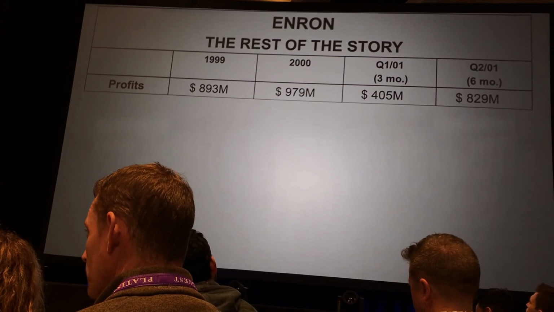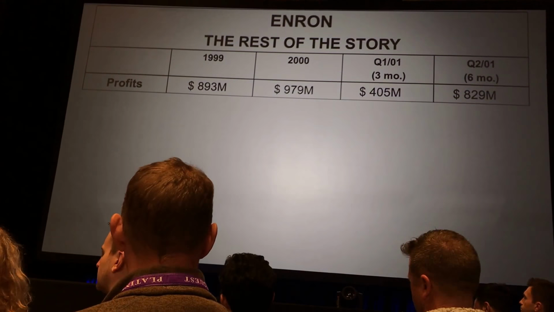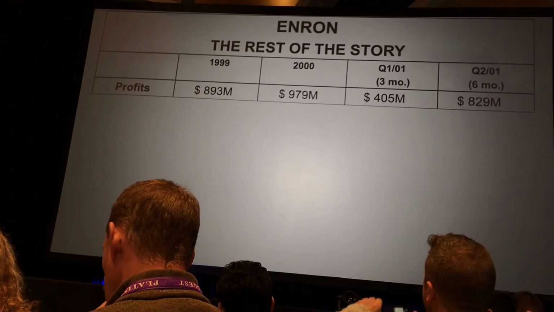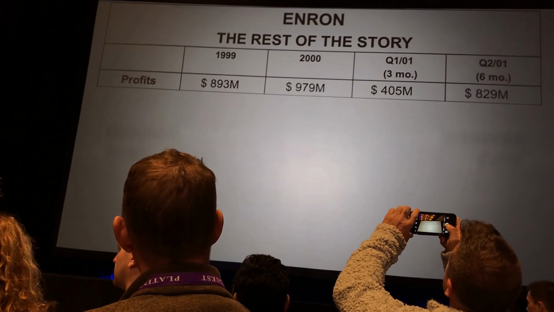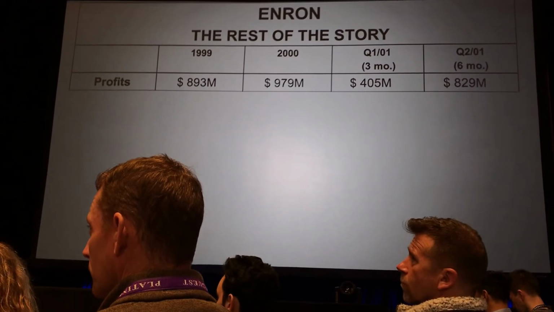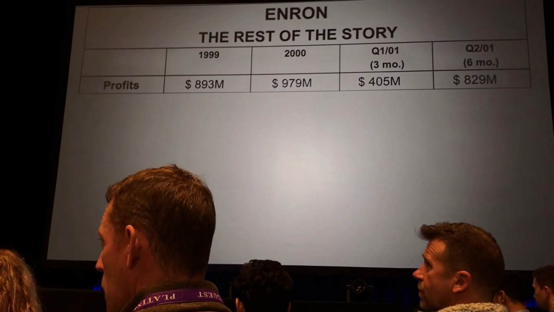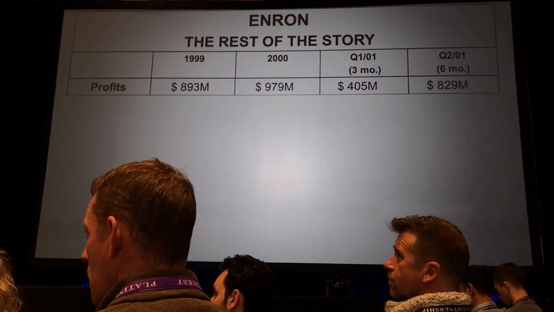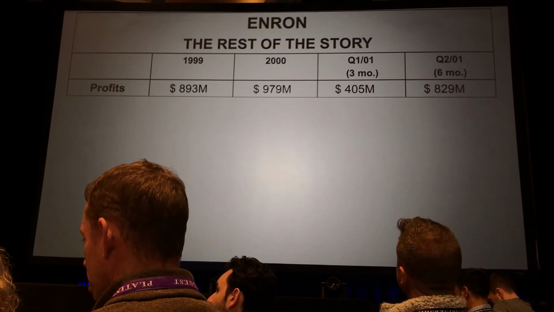So if anybody would have looked at Enron's financial statements back in this time period, this is exactly what they would have seen. If you see a positive number for O cash, that means Enron generated that much cash. If you see a red or negative number, that means Enron lost that amount of cash.